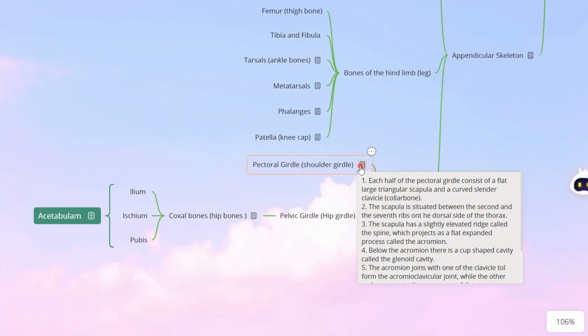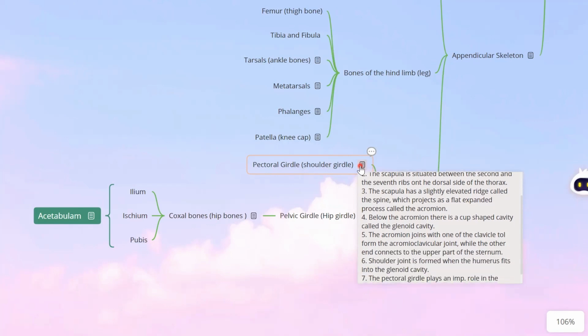Now, below the acromion, there is a cup-shaped cavity called the glenoid cavity. This acromion joins with one end of the clavicle to form the acromioclavicular joint, while the other end connects to the upper part of the sternum.